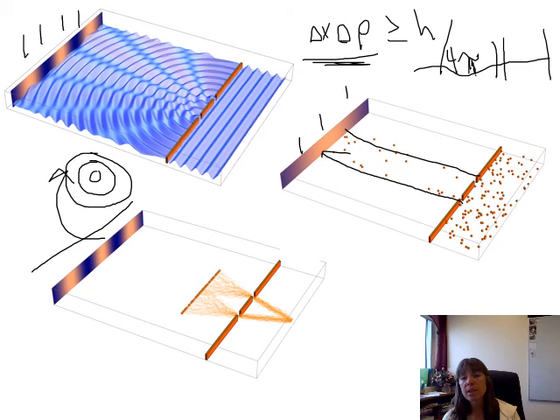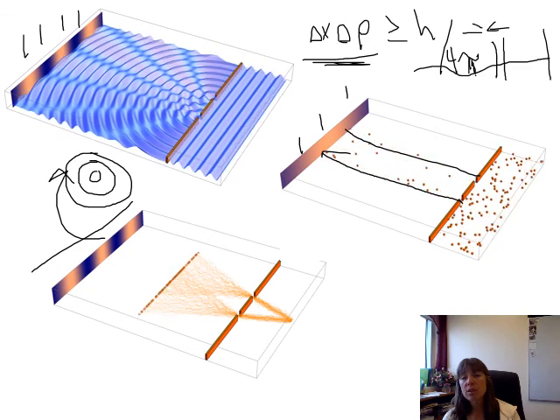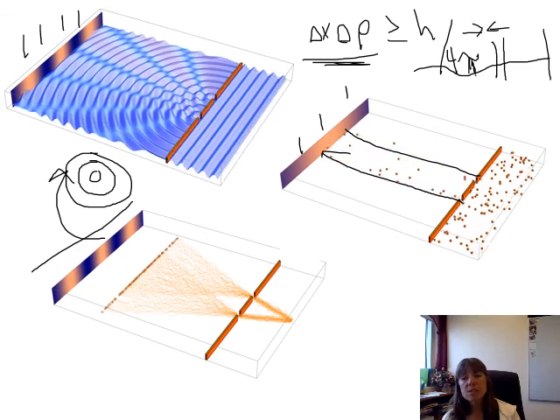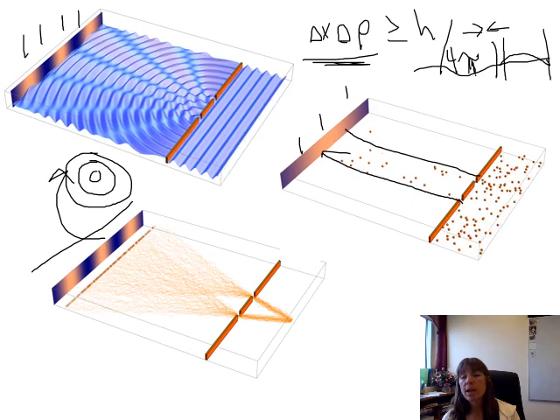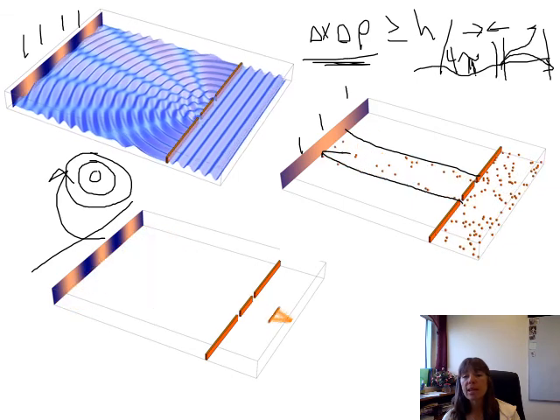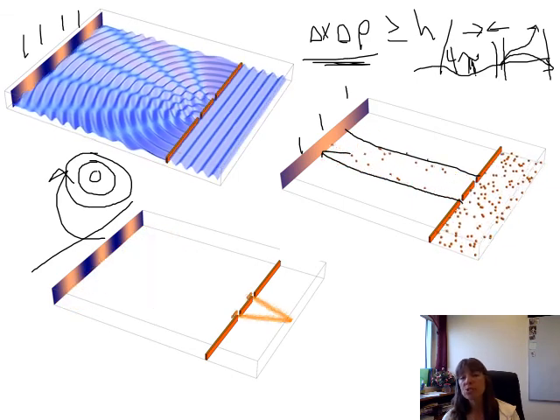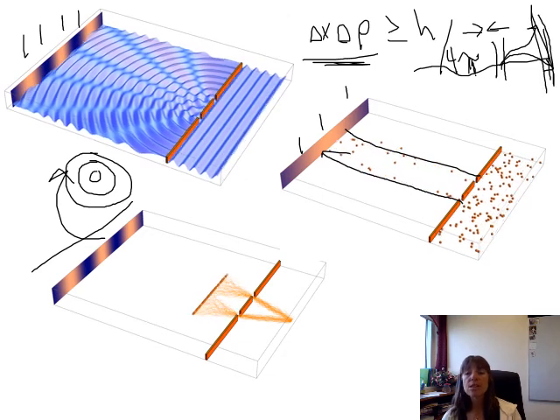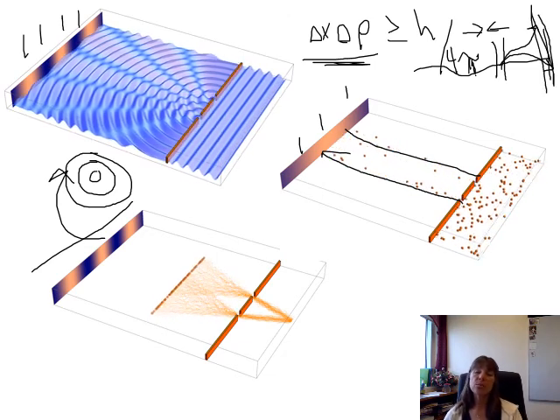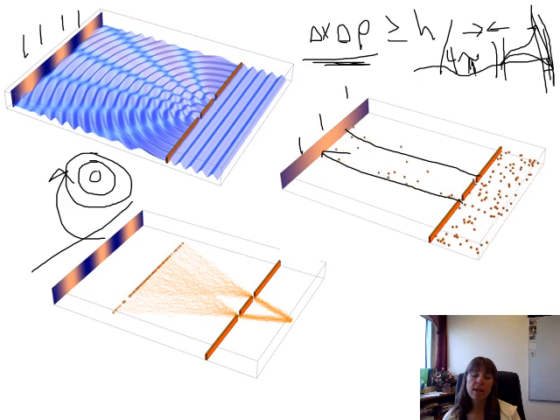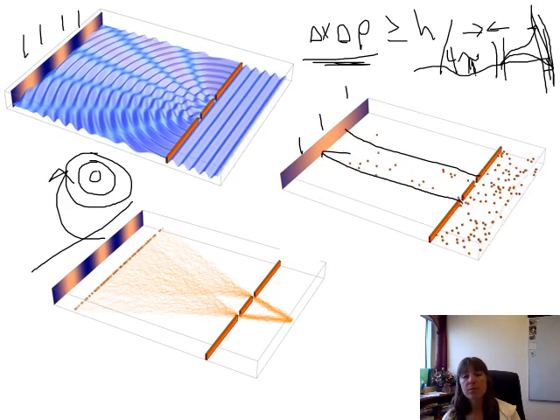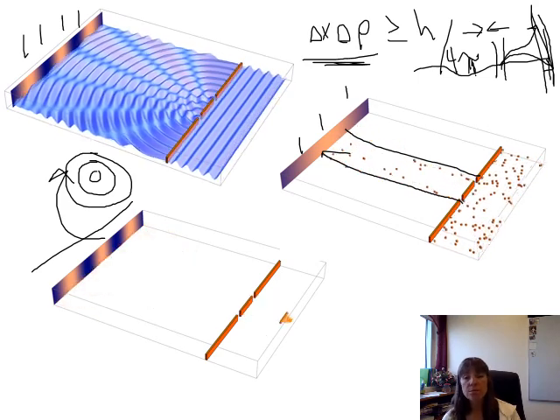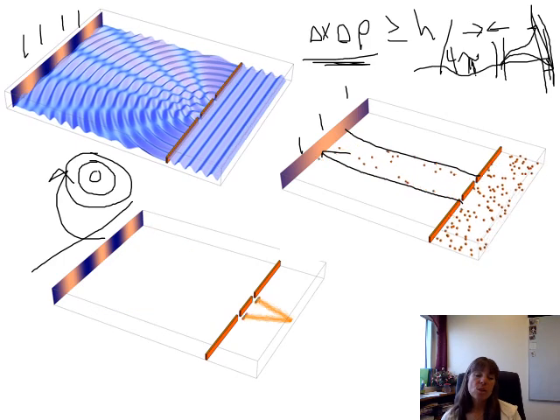But what ended up happening, as this slit got smaller, the uncertainty in its position got larger, and the line actually got larger on the other side. So take a peek at that video. I thought it did a really good job of showing an experiment of what this is all trying to tell you.